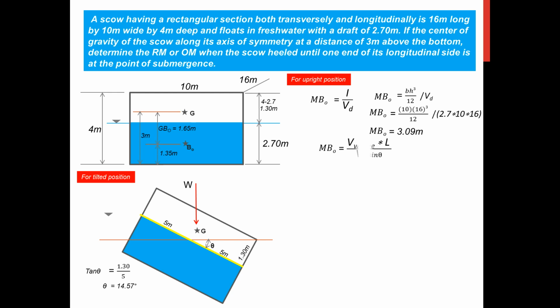Moving on to the formula, MBO equals volume of the wedge times L all over submerged volume times sine of theta. So performing that formula, the additional volume is actually 1/2 times base times height, that is a triangle, 1.3 by 5, times the length, 16, to make it a volume.